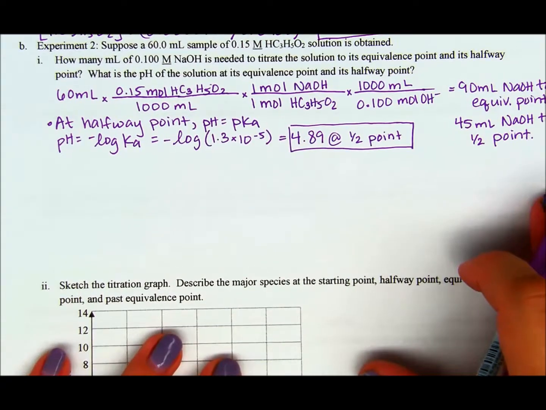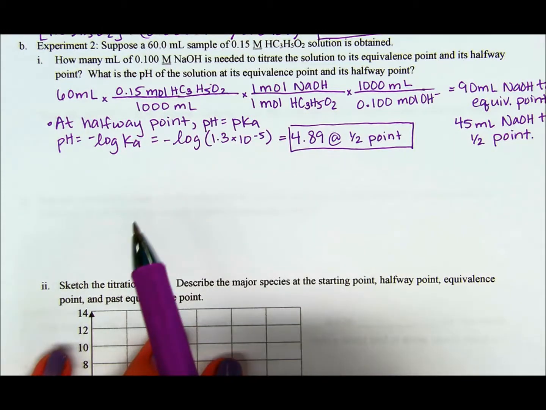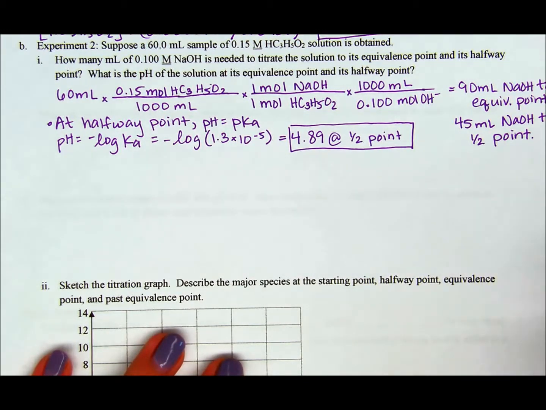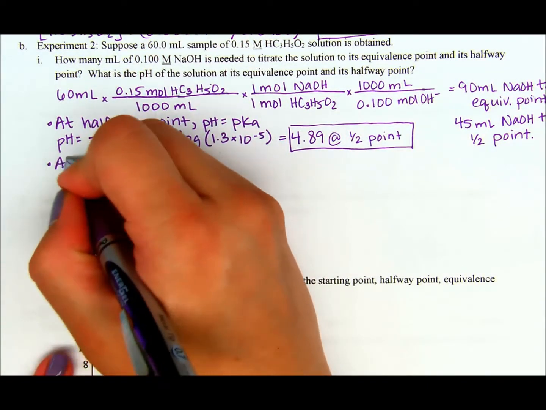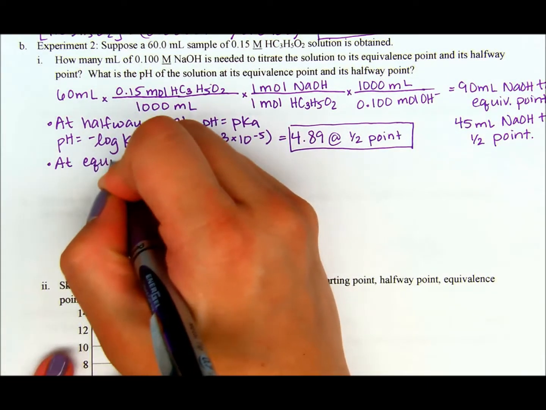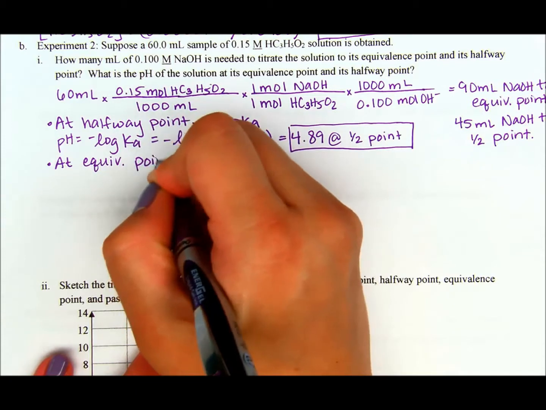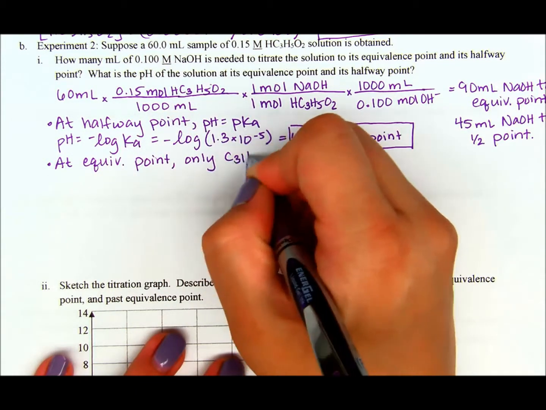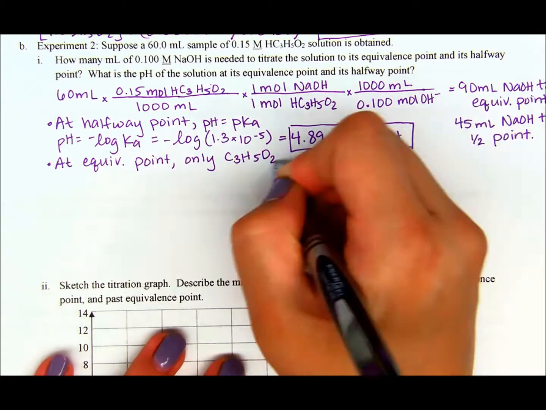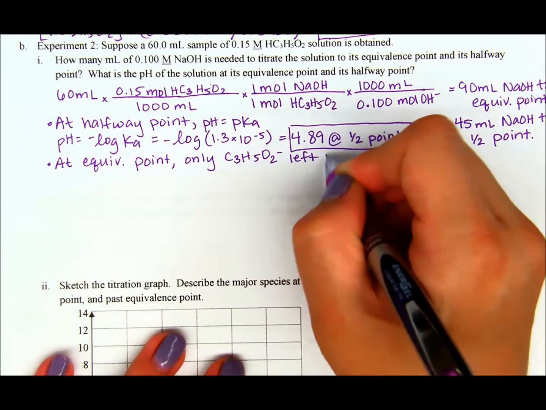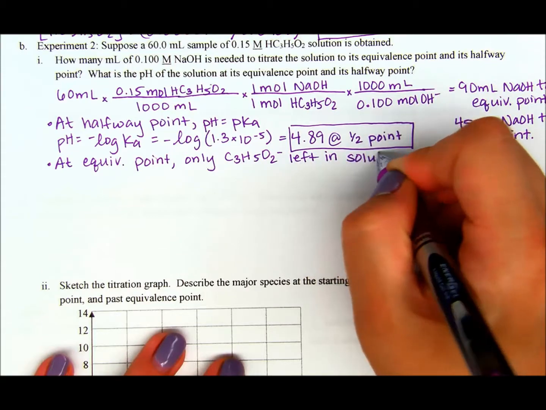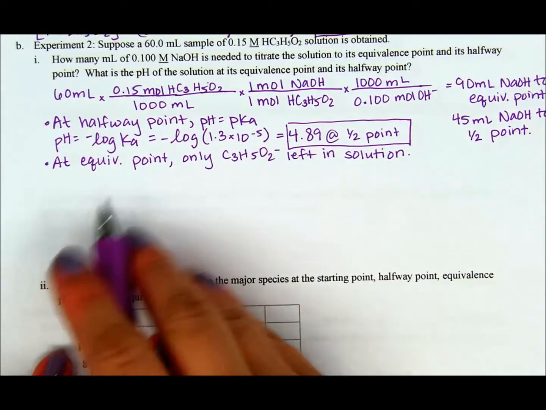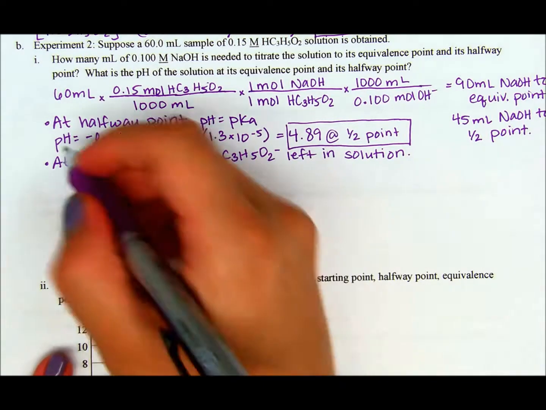So the first thing I need to do is calculate the concentration of my conjugate base. So at equivalence point, there's only C3H5O2 minus left in solution. First I'm going to figure out the moles that I have of this.